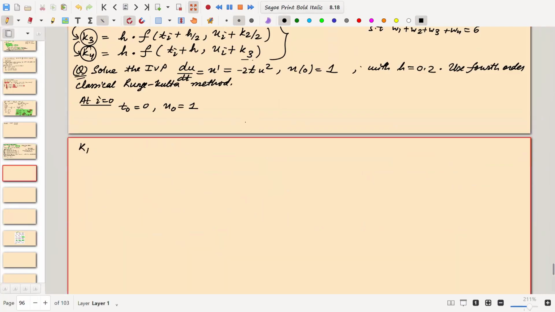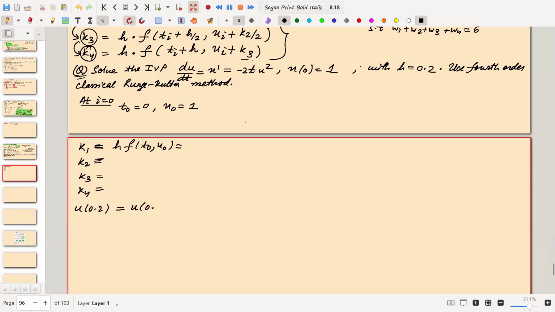Can you tell me what is K1, K2, K3, K4? Because then only you can find what is U1, no? So K1 is equal to, apply the function, h times f of t naught, u naught. So that is equal to what? Then find u at 0.2, that is u1.